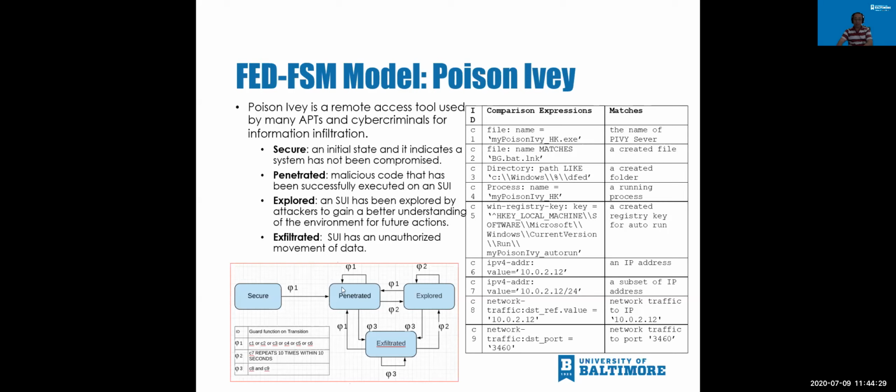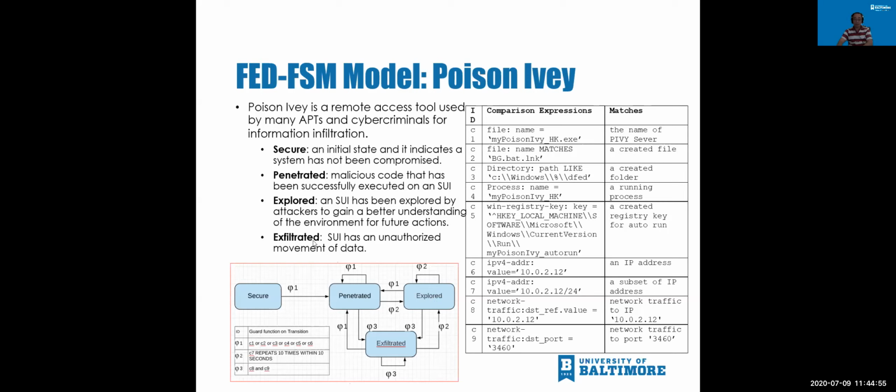The penetrated state indicates some malicious code, virus code, has been executed on the SUI, the system under investigation. Exploited means the SUI has been exploited by attackers, APTs, to gain a better understanding of the environment for future actions.